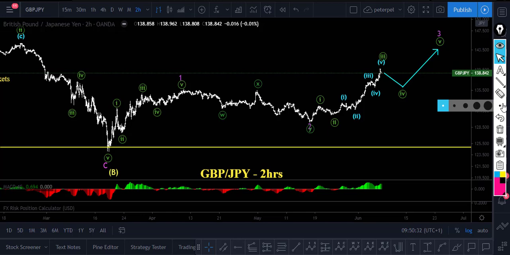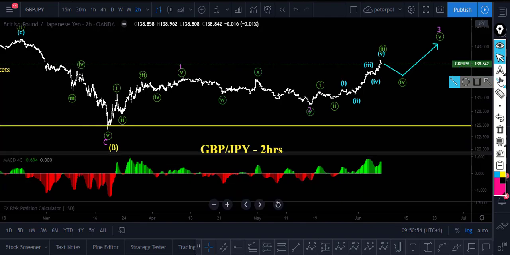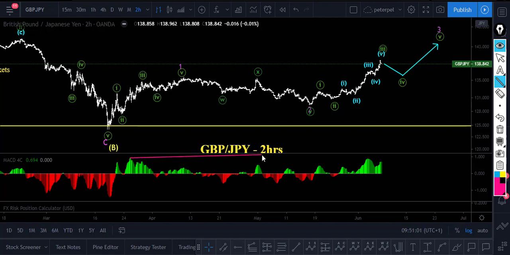Okay, let's look at another example in Great Britain Japanese yen. You can see from this end that during the wave count of green wave 3, the MACD had peaked here. So there was a consolidation and price broke through green wave 3 to give us green wave 5.